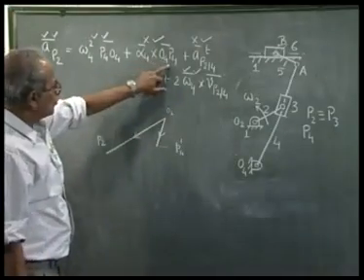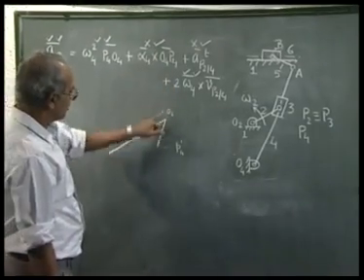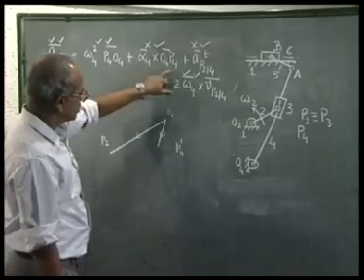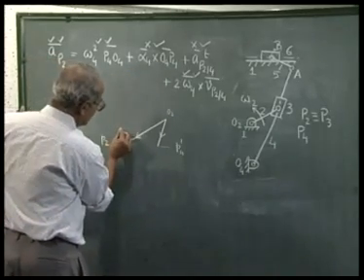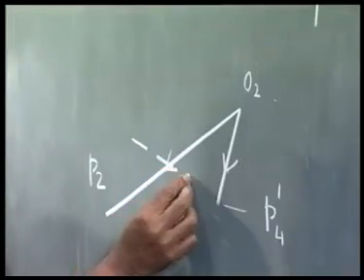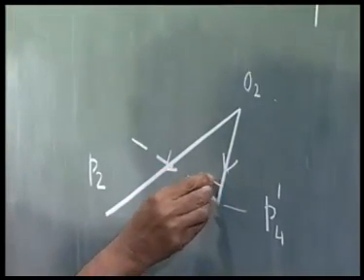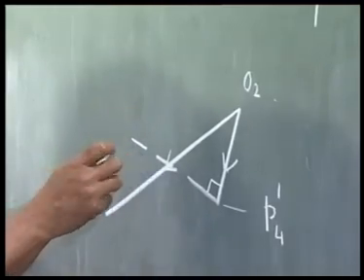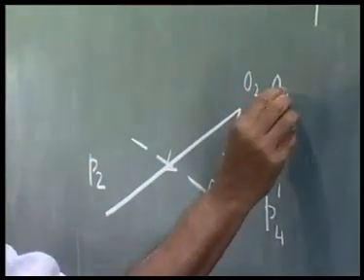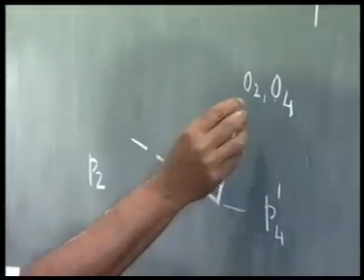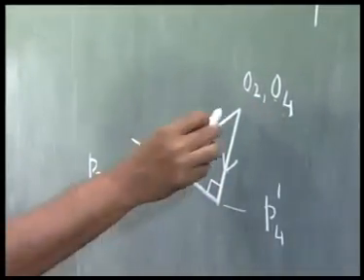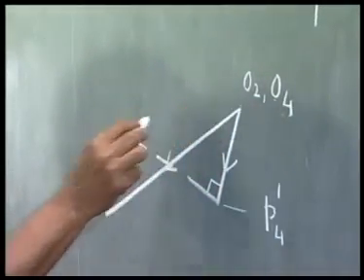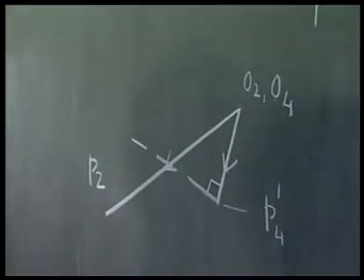Alpha 4 cross O4P4 is perpendicular to this line, but the magnitude is not known. So, I draw a line perpendicular to this, and the point P4 will lie on this line such that O4P4, with O2 and O4 as the pole of the diagram, will denote the acceleration of the point P4.